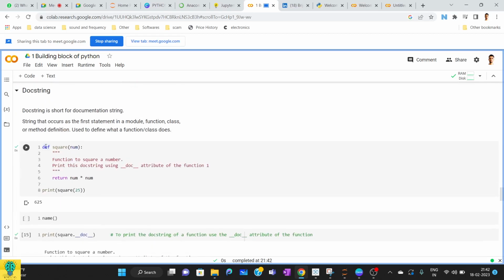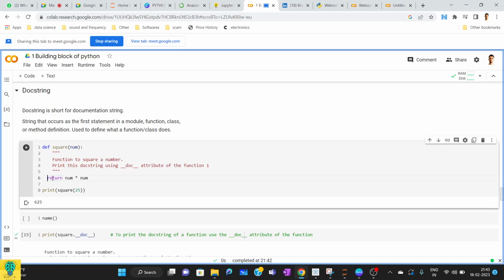Going back to def function, where we are defining a function square, you see whatever is going to come inside square, what square is going to do, is indented here. It is starting after some gap here. If I write here without indentation, it is going to give us an error. You see it is underlining with red.